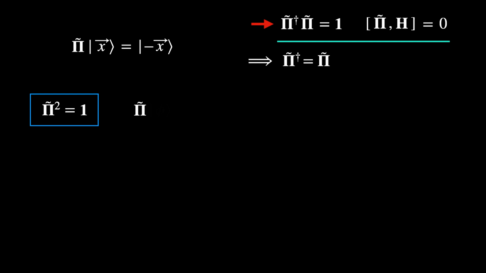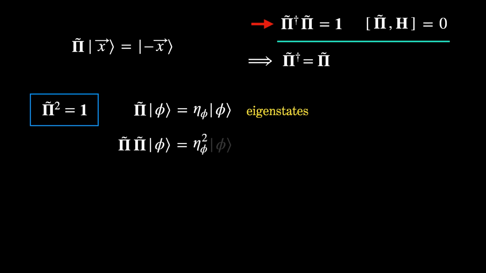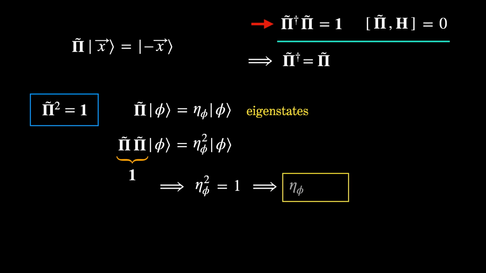With phi as its eigenstates, what are the eigenvalues eta of pi tilde? Since this operator is Hermitian, eta must be real. Applying the transformation twice, we have, which implies that eta phi could either be +1 or -1.